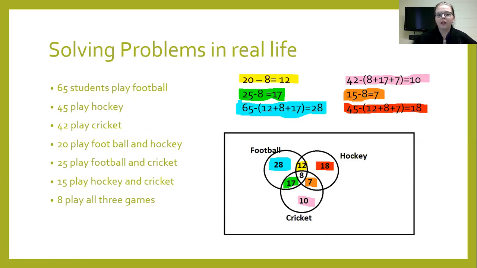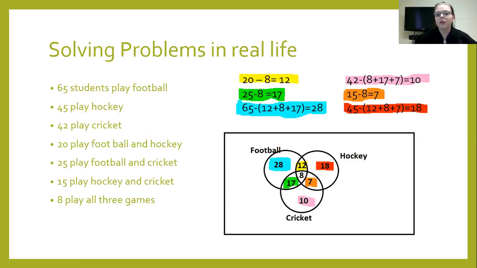Since we know that 8 is going to be in the middle because football, hockey, and cricket are all played by 8 players, we're going to put that in, in the white. We know there are 20 players that play football and hockey, and that 8 play all together. So we're going to take 20 minus 8, and that gives us 12 in the yellow.